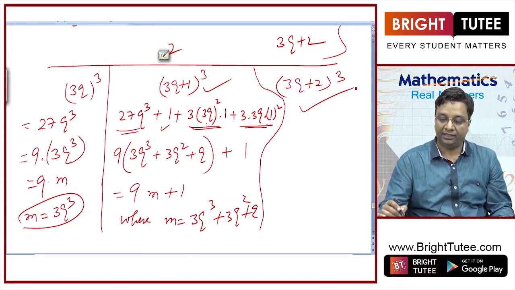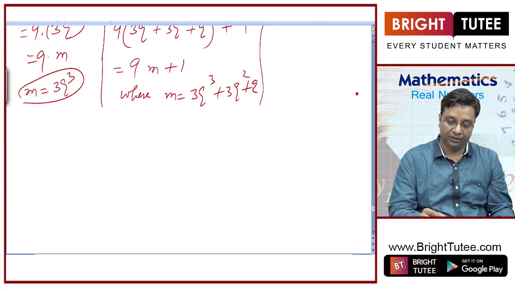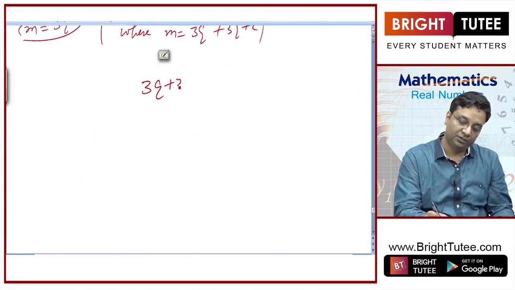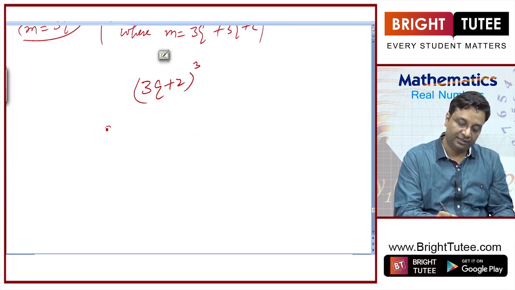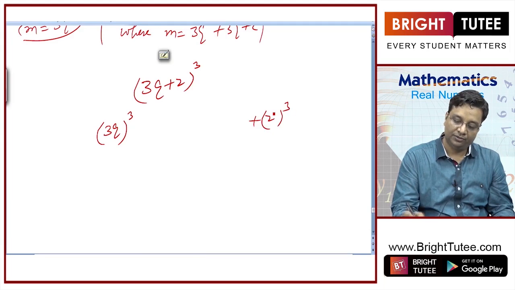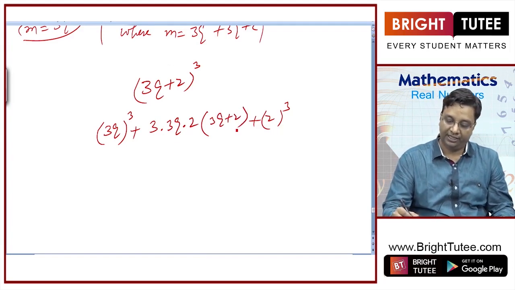Now, we have to look at 3q plus 2 cubed. So, let us do it here, 3q plus 2 cubed. If you cube this number, then you can write it as 3q cubed plus 2 cubed plus 3ab into a plus b. This is another form of writing a plus b cube.